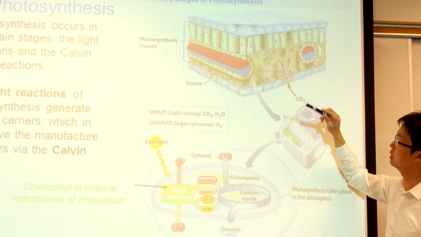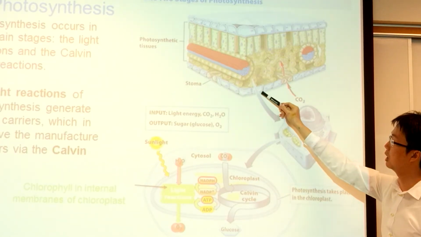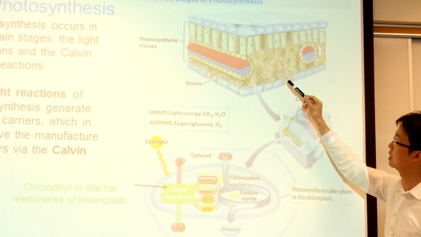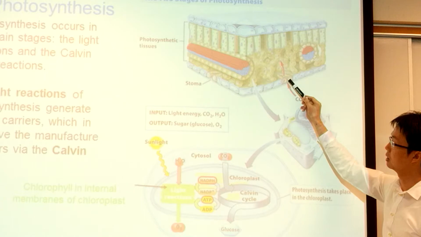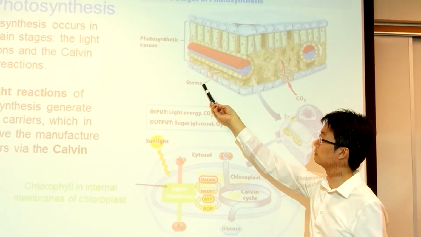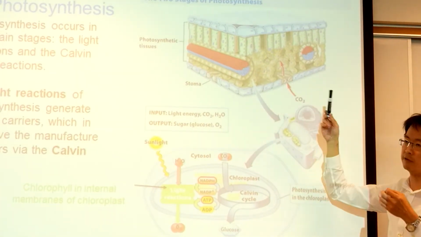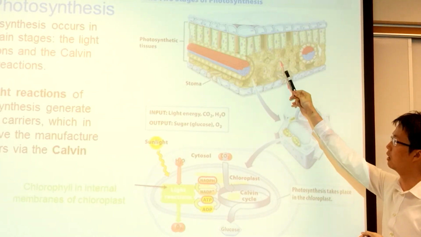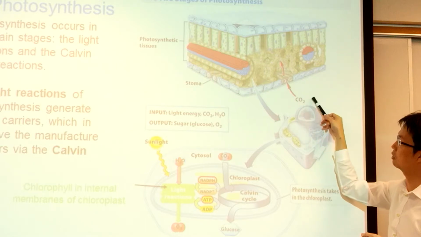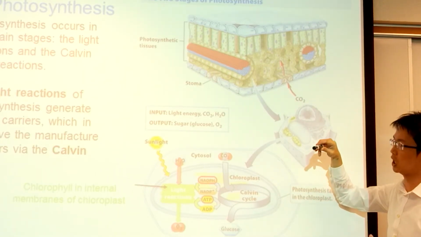What is it for? At the bottom layer, the lower epidermis, you have something called a stoma. A stoma is the physical opening of the leaves that allows CO2 to go in and oxygen to go out. It allows for gaseous exchange.